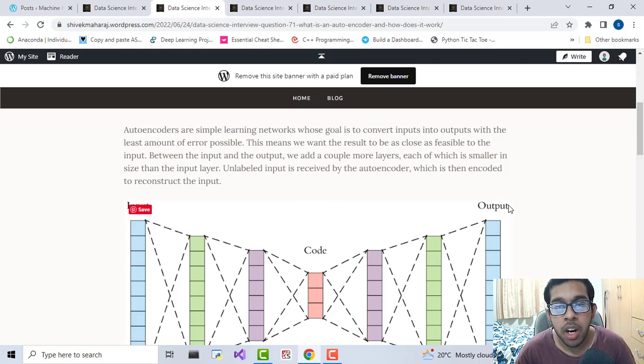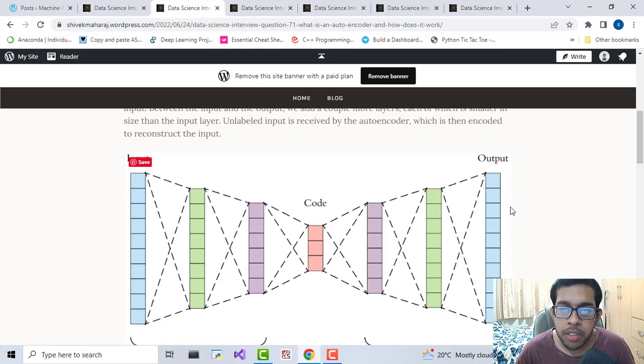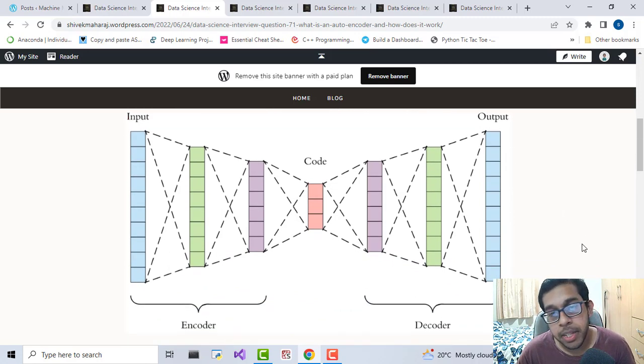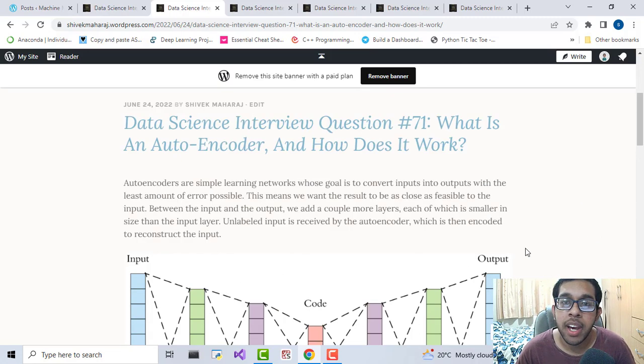Between the input and the output, we add a couple more layers, each of which is smaller in size than the input layer. Unlabeled input is received by the auto-encoder, which is then encoded to reconstruct the input. Okay guys, so if you look at this image, you will see that it just depicts a simple auto-encoder in action.